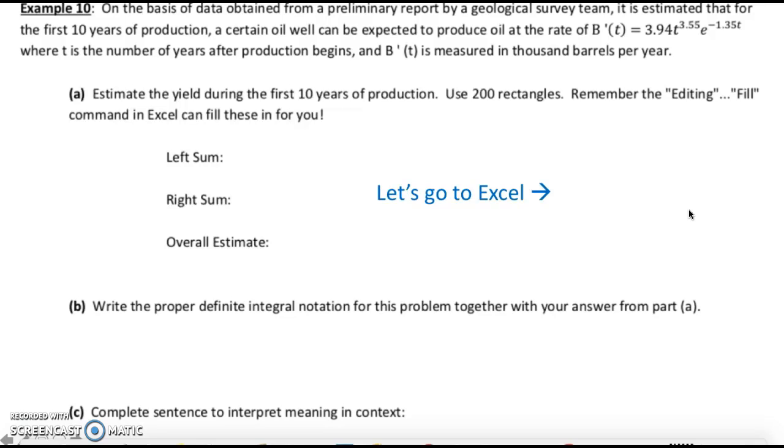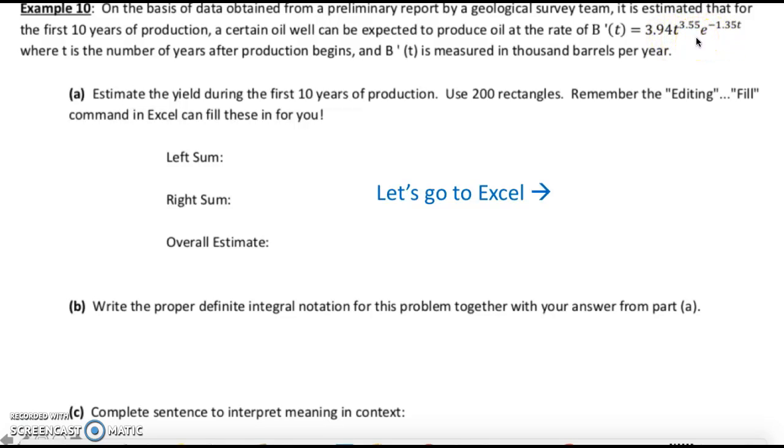All right, so it says first we want to estimate the yield during the first 10 years of production using 200 rectangles. So we're going to go back and use Excel again. What's really nice about Excel here is if we were going to use the fundamental theorem of calculus, we don't have an easy way. We actually don't have any way to go backwards from the product rule.